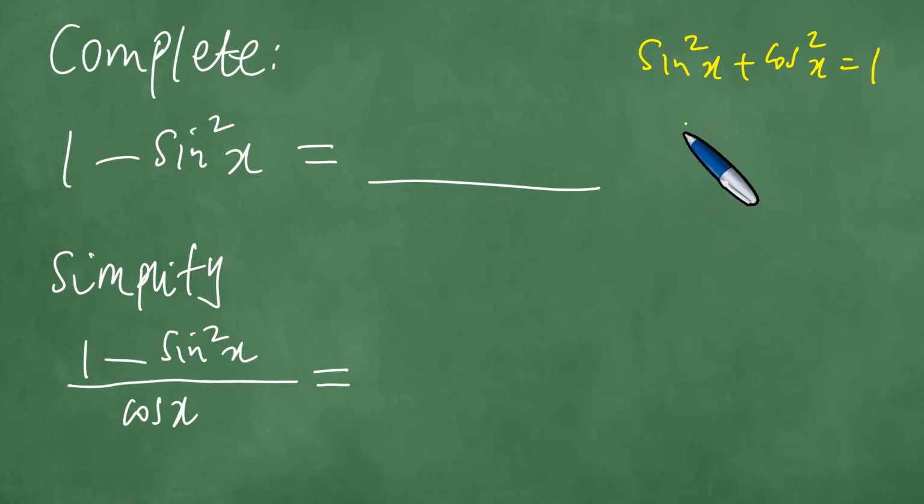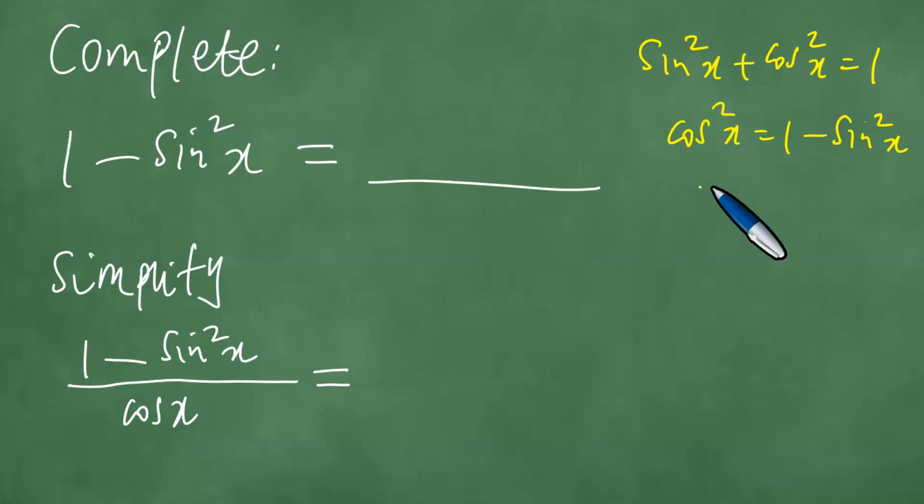So you can transpose the sine squared so that cosine squared is 1 minus sine squared. So wherever you see 1 minus sine squared, it is cosine squared.